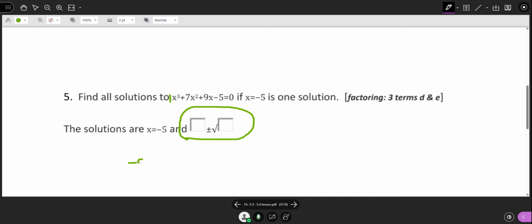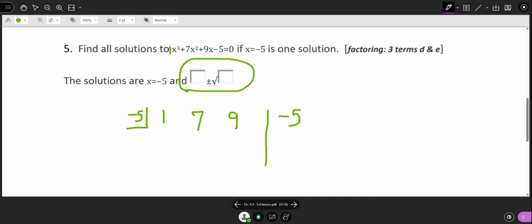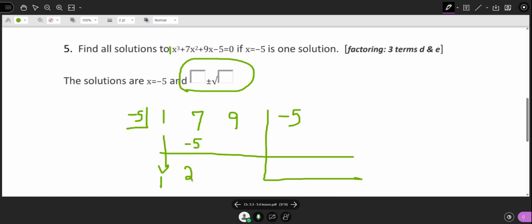So -5, 1, 7, 9, -5, so that's -5, and that's 2, and that's -10, that's -1, and that's +5, and that's a 0.